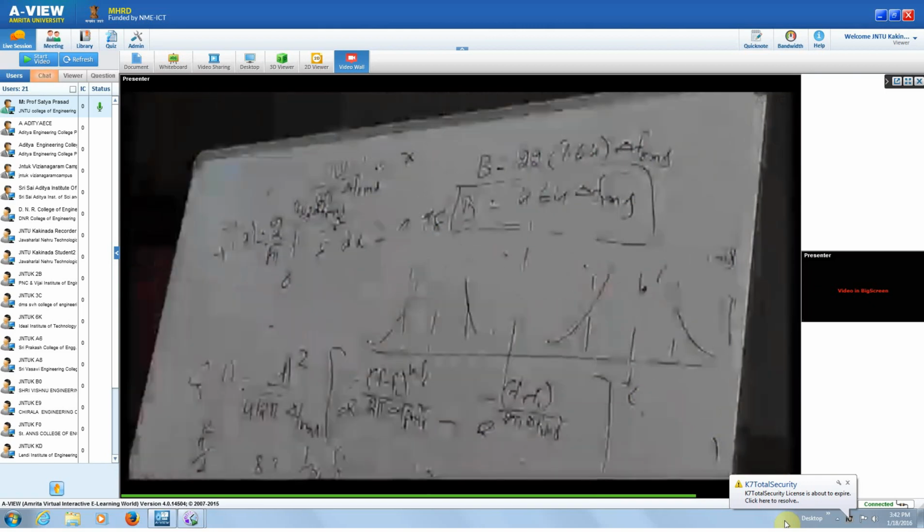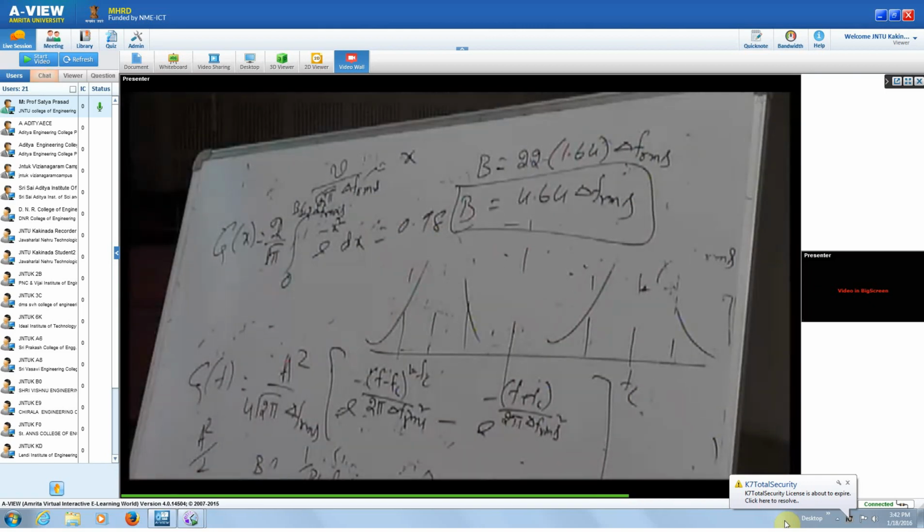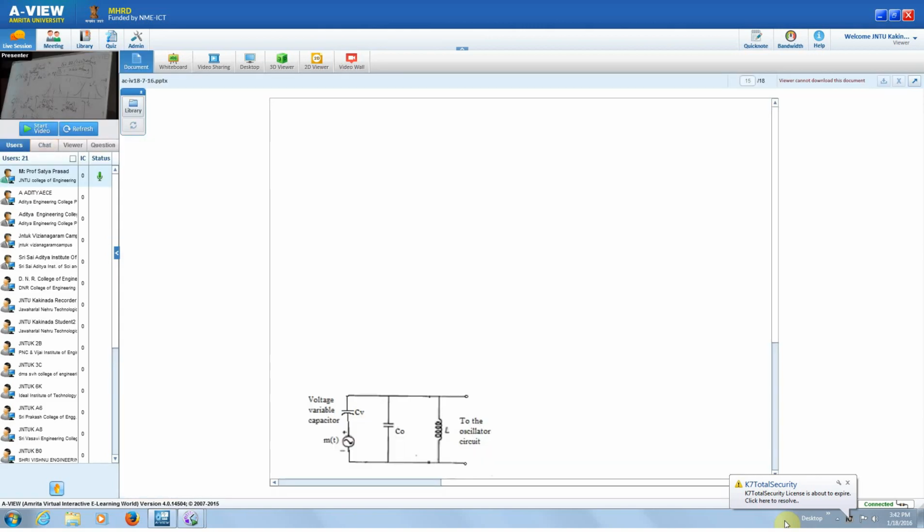Okay. So that is about frequency modulation, what the bandwidth is, how the spectral lines are, what Carson's rule is, and what wideband FM and narrowband FM are.